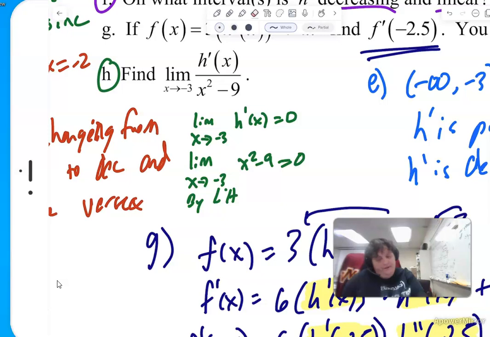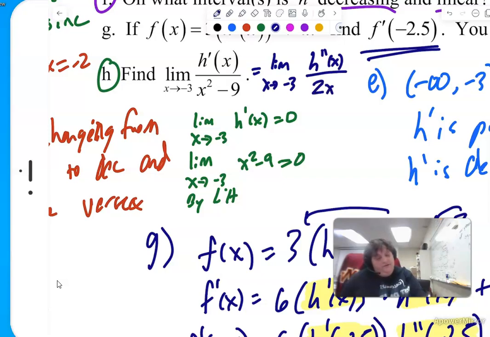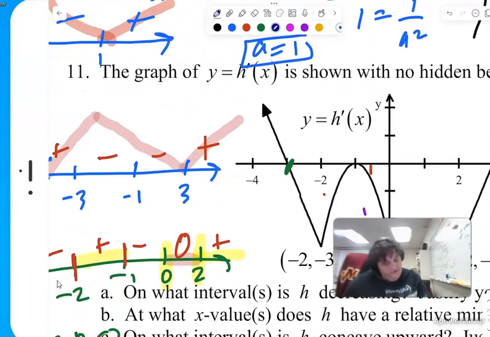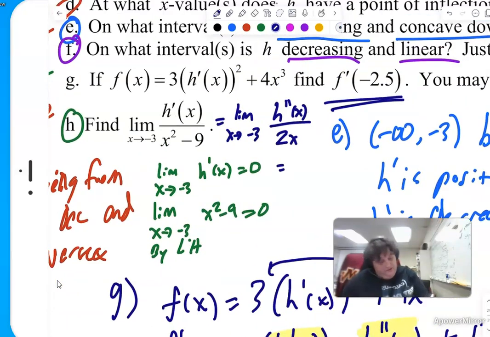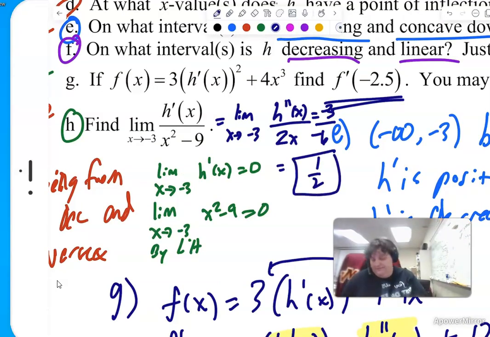The limit as x approaches negative 3 of h double prime over 2x. Now, h double prime of negative 3 means the slope of this graph at negative 3. And that slope was down 3 over 1. So that was negative 3 over negative 6, or that would just equal 1/2.